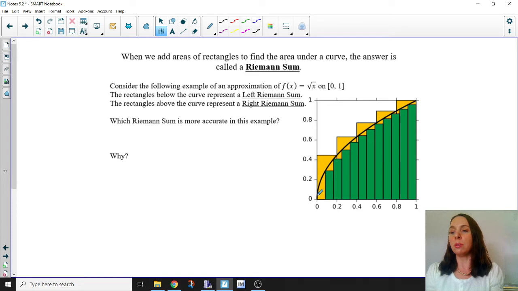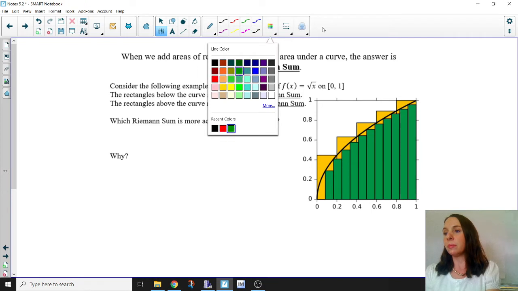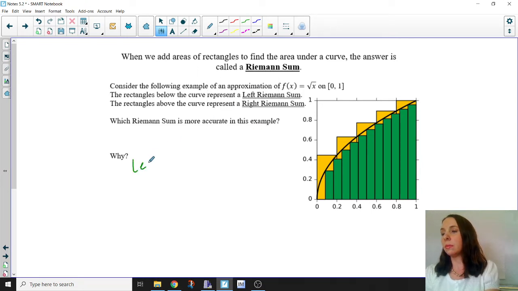Hopefully, you don't have to do much analysis to determine that the left Riemann sum is more accurate. I never think it's spelled with I before E, but it is.